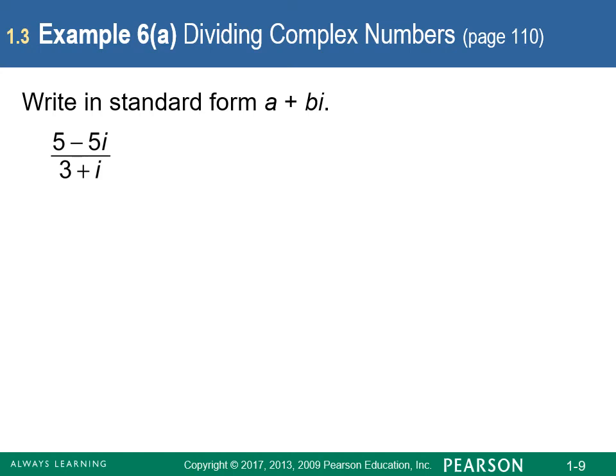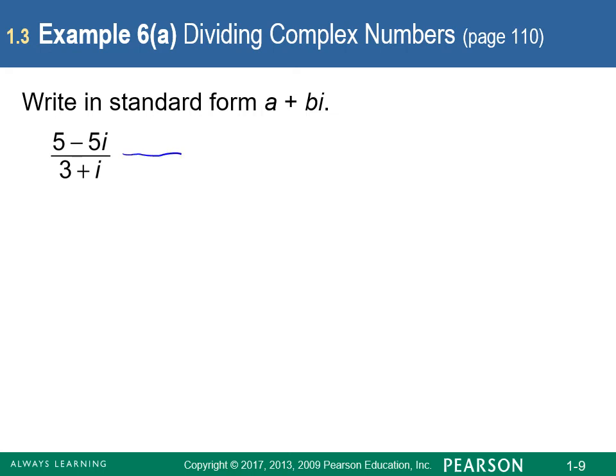Now, dividing complex numbers is a different story. And I've already mentioned to you that if you're using your calculator and dividing complex numbers, you want to be very careful and be aware that it does not always work. So again, I'll let you experiment with using your calculator. The hand technique is this.